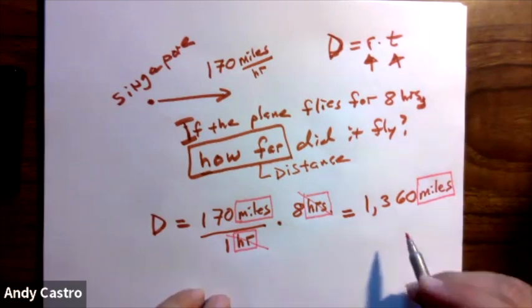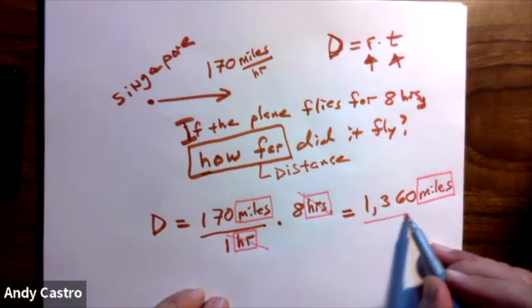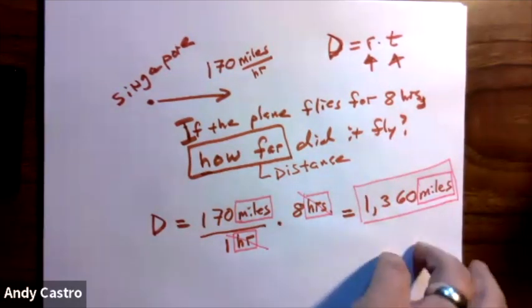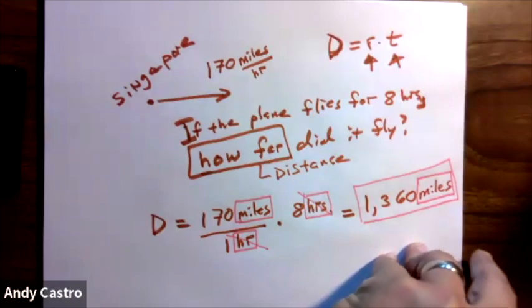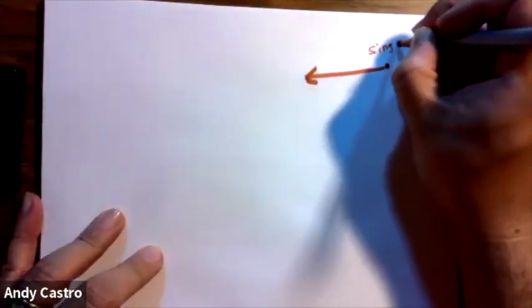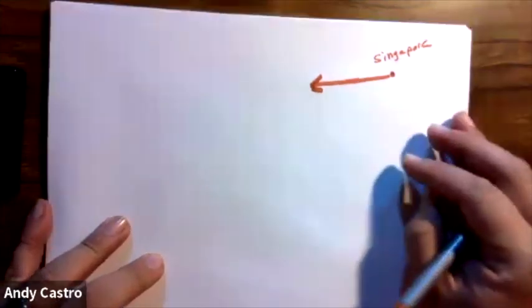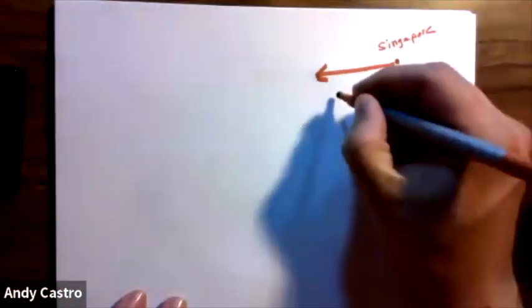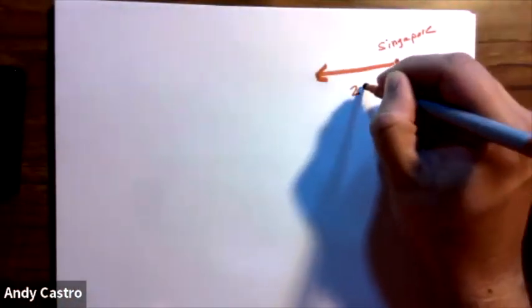So this plane, when it leaves Singapore, travels 1,360 miles. All right, so let's do a similar one. A plane leaves from the same airport, but it's going to go a different direction from Singapore. This time, the jet going the opposite direction has a different speed.